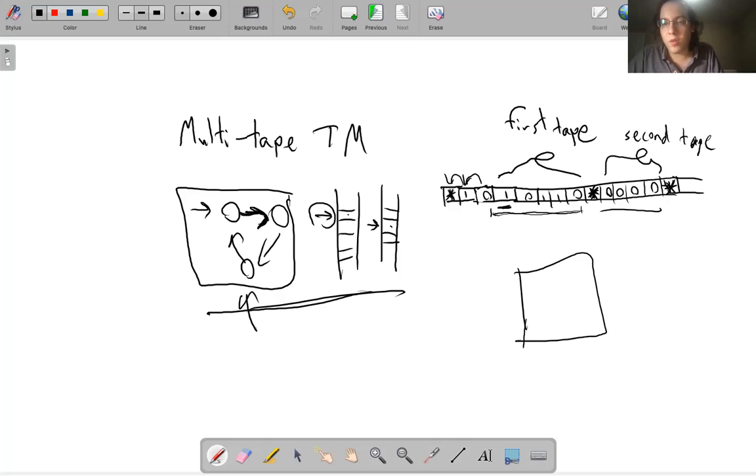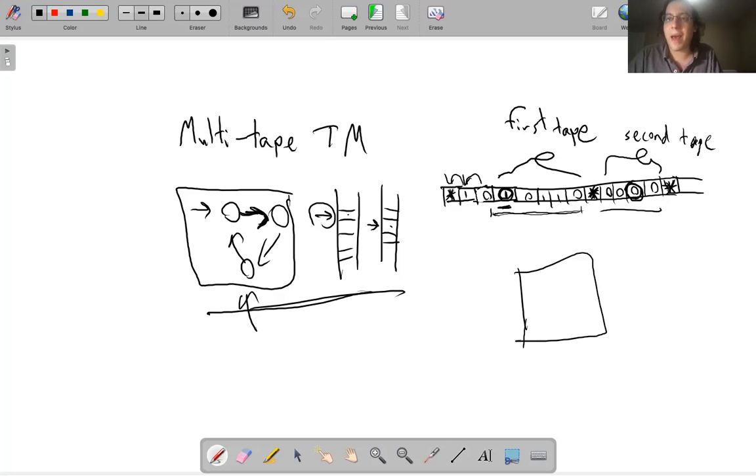Then we can use a new alphabet symbol that highlights this one, circles it. Instead of a 1 symbol, we'll have a circled 1 symbol that highlights it so that the Turing machine can remember where it was. Similarly, we can have a circled 0 here for where the Turing machine is supposed to be.